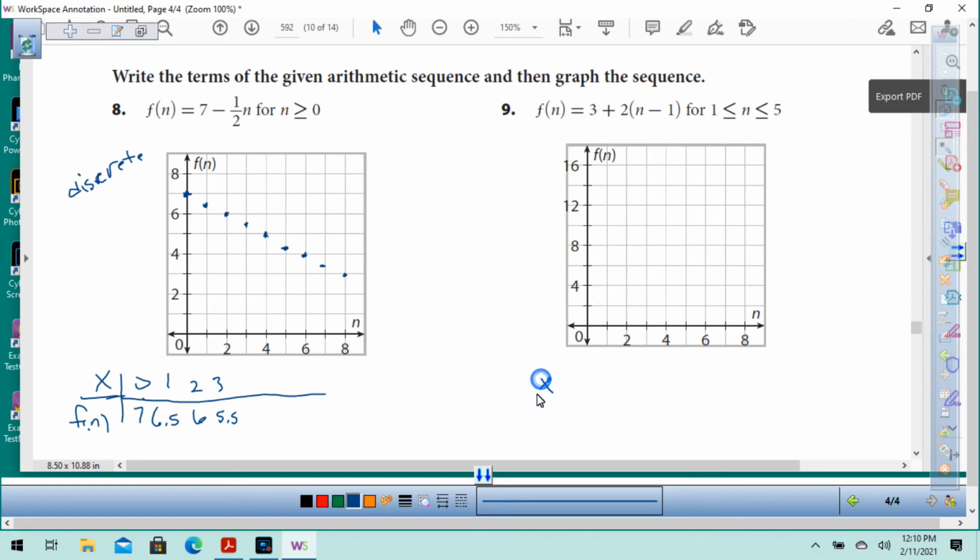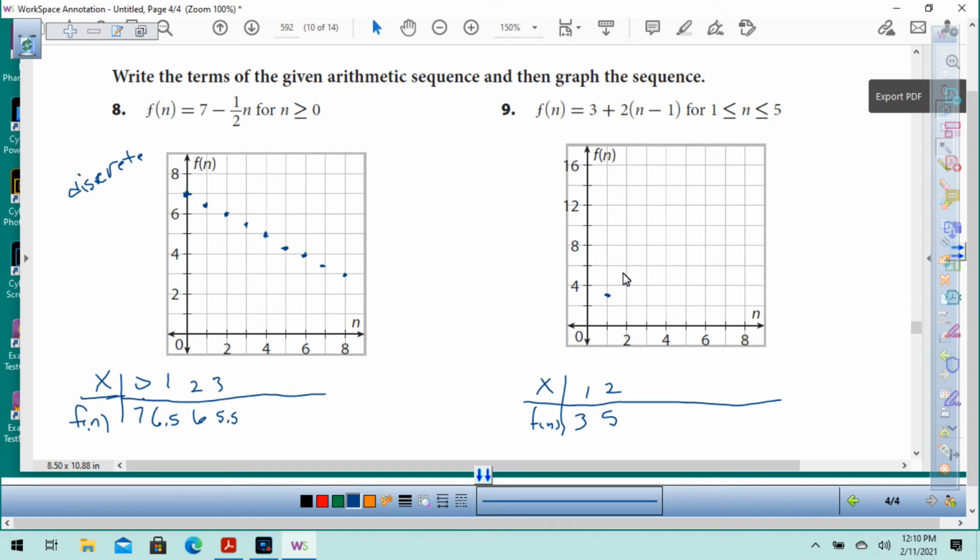Okay. What about over here? So we can do the same thing. x and then f of n. And it starts at 1 here, right? So let's put a 1 in there. 1 minus 1 is 0, times 2 is 0, so we're going to have 3. 1, 3 is going to be right there. And if we put a 2 in there, 2 minus 1 is 1, times 2 is 2, plus 3 is 5.